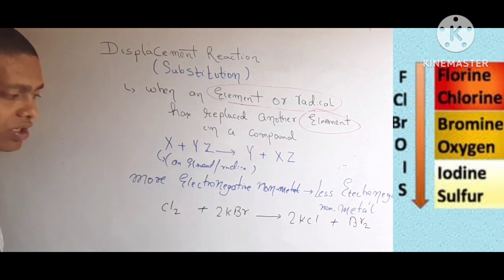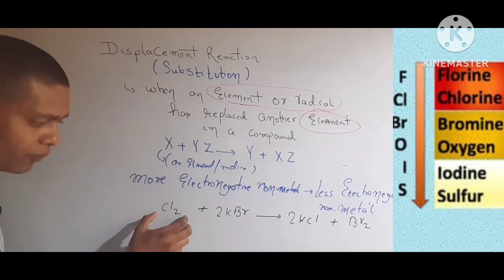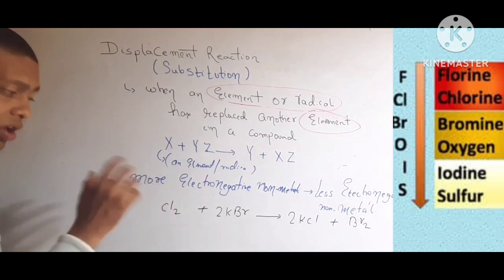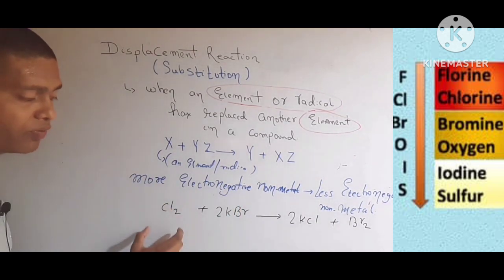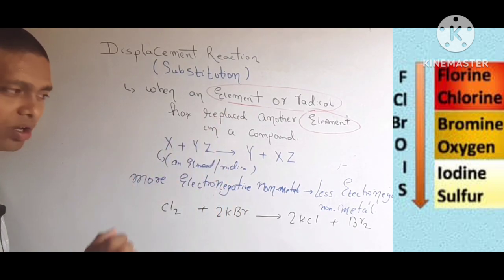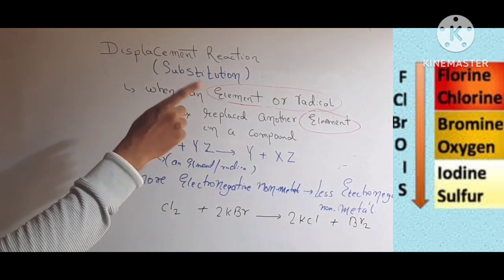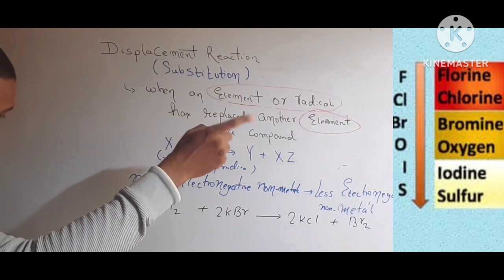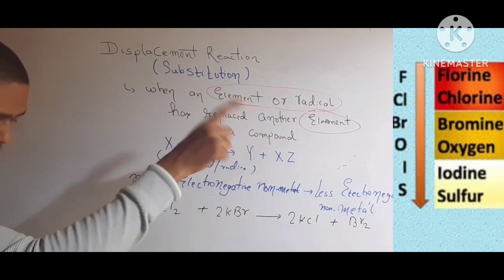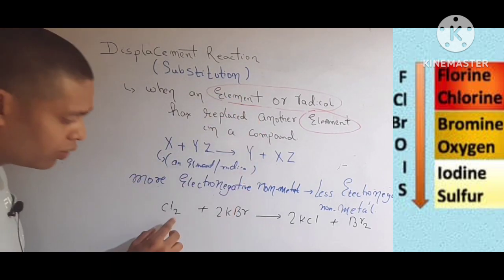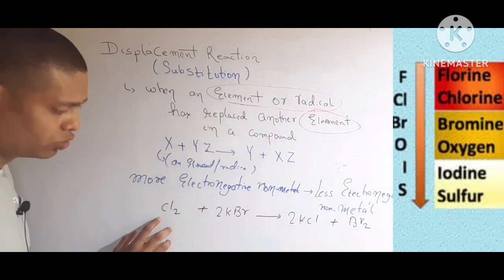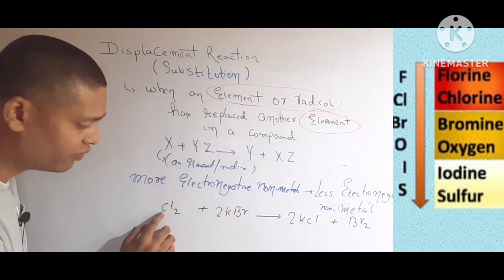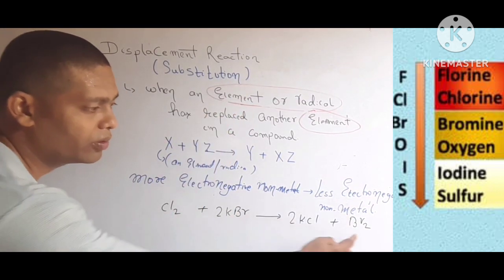First we have to see whether it's possible: the chlorine should be powerful enough to displace the bromine. Then only it will work. If you see the reactivity series, chlorine is at the fourth place, whereas bromine is below that. So chlorine is more powerful as compared to bromine. So it removes the bromine from its place and forms potassium chloride, and bromine becomes individual.